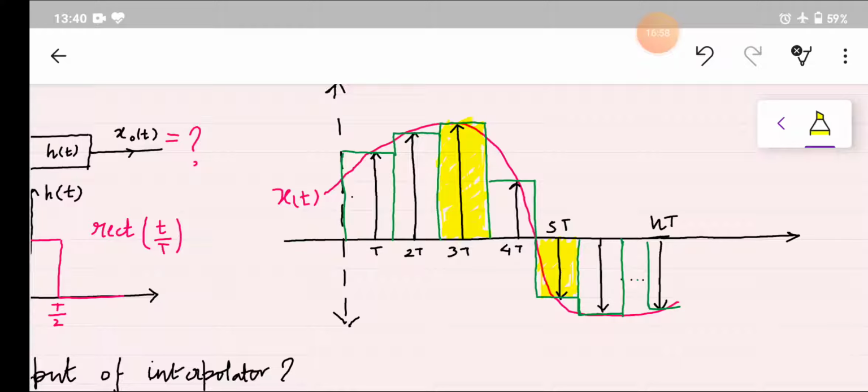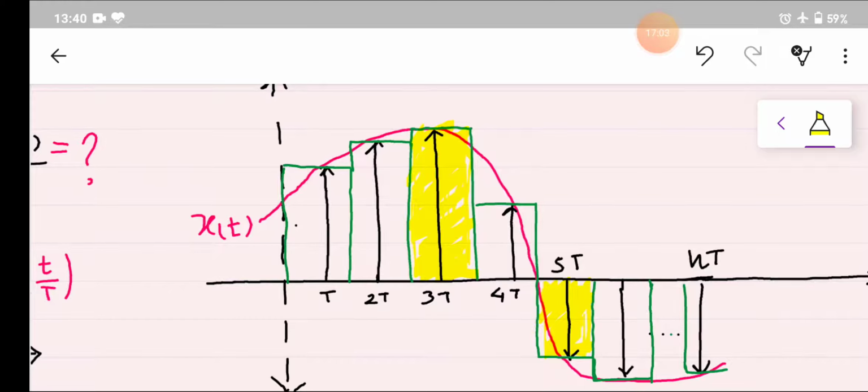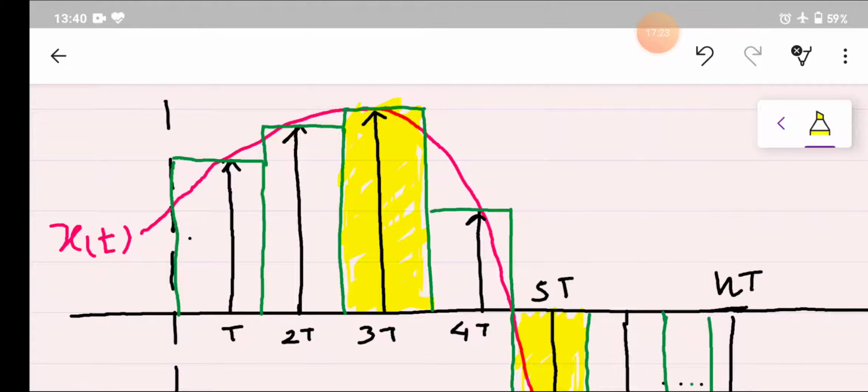Okay, so here this xt can be achieved using the centers of the gate pulses, or the magnitude of these gate pulses. In this way the reconstructed signal here is this one.